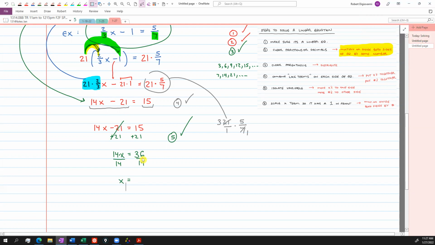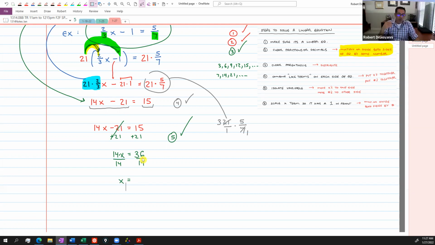I don't want the decimal answer. I want the fraction answer, but I want it reduced. So I think 2 goes into both of these, right? Yes. 2 goes into the top 18 times, and 2 goes into the bottom 7 times. And that is the answer. 18 over 7.